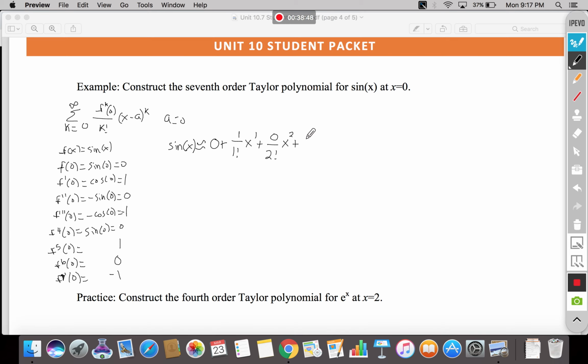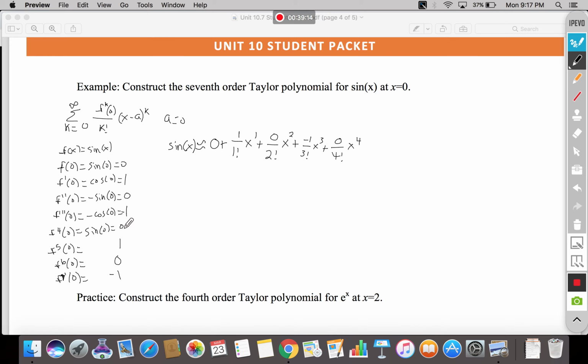I would get, in this case, negative 1 over 3 factorial, right? And then x cubed, plus, I'm back at the 0 now. I'd have 0 over 4 factorial x to the 4th. Again, the derivative at that term, I'm kind of counting down my list over here.